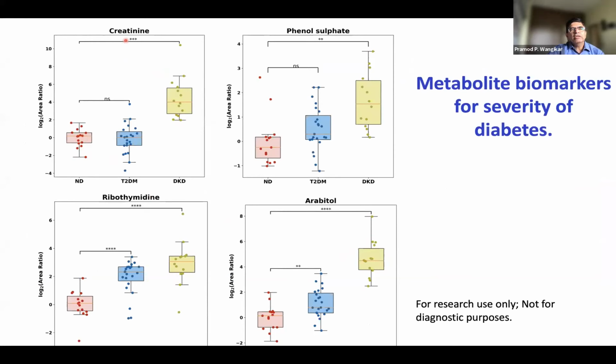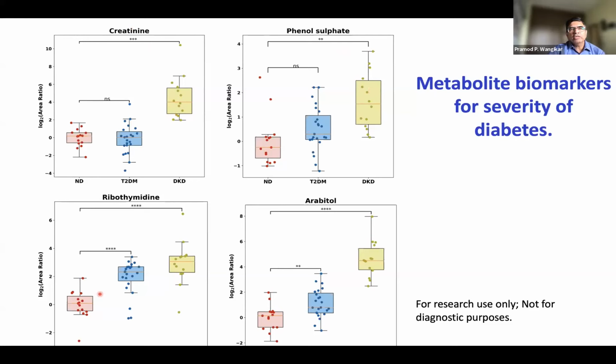Creatinine, which is measured from LCMS, the same assay, is higher in the kidney disorder people. Obviously, the kidney disorder is diagnosed based on creatinine levels, so it is expected to be higher. Phenol sulfate, which is a known biomarker for kidney disorder, goes up from non-diabetic to diabetic, and there is a progression in the kidney disorder.